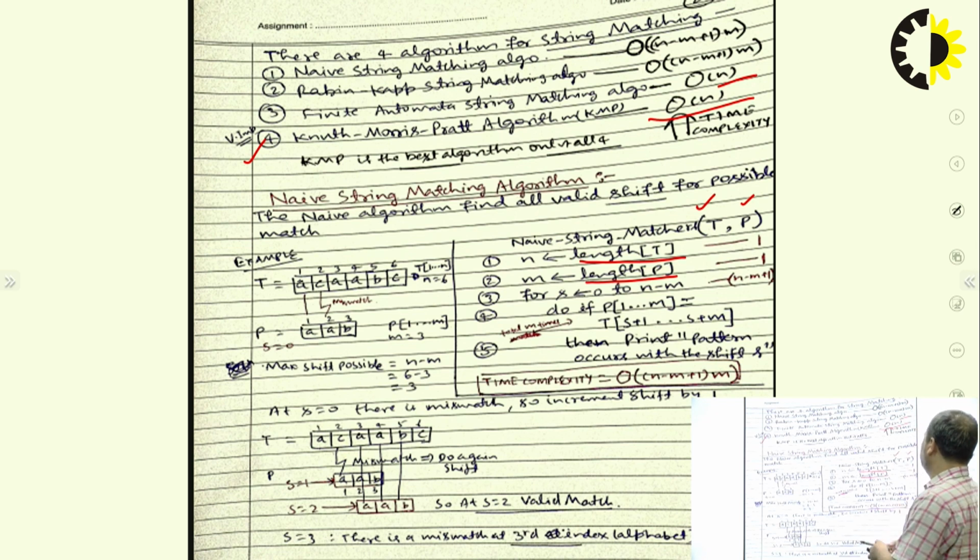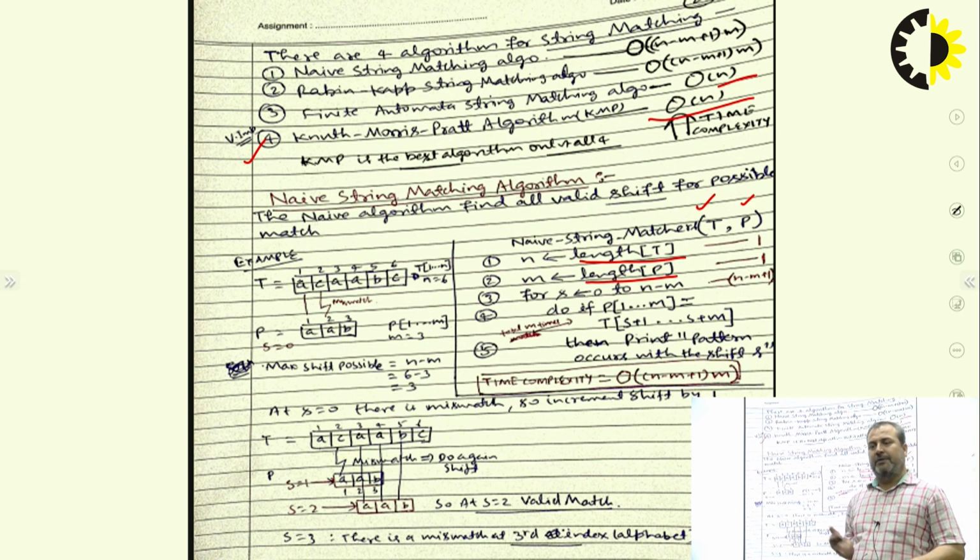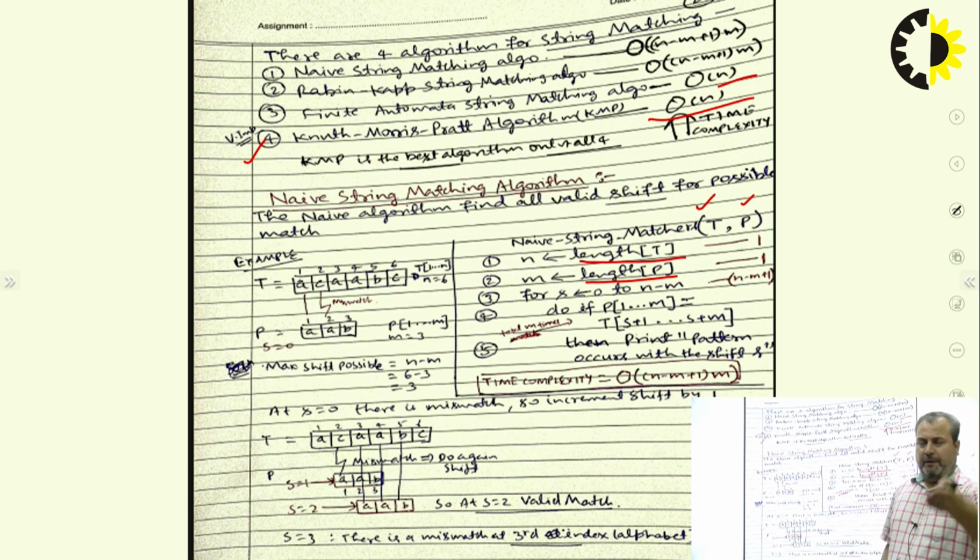What we do is check whether P[1 to m] is equal to T[s plus 1 up to s plus m]. If the corresponding characters of the pattern match the corresponding characters of the string at a particular shift, then there is a match. So the time complexity will become n minus m plus 1, because at maximum n minus m plus 1 times it will run.